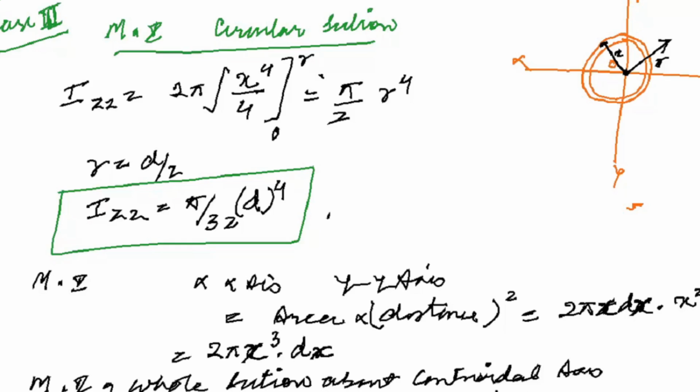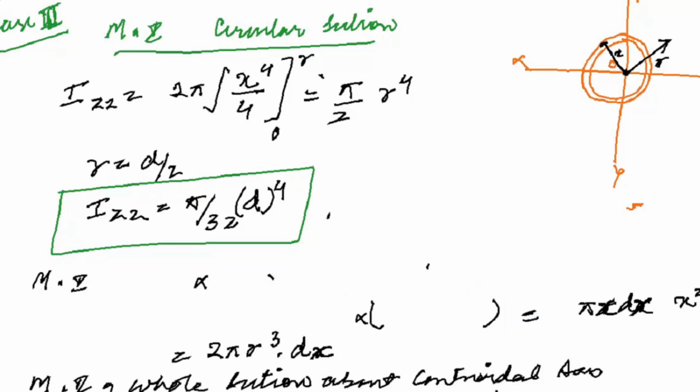And here, one more thing we need to talk about is Ixx and Iyy. They both will be equal because for the circle the radius is equal in the x axis as well as in the y axis. You can simply say Ixx will be equal to Iyy, right?